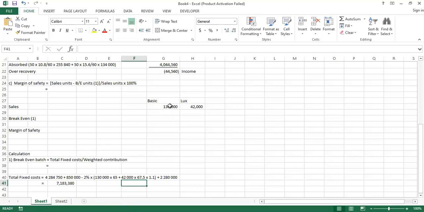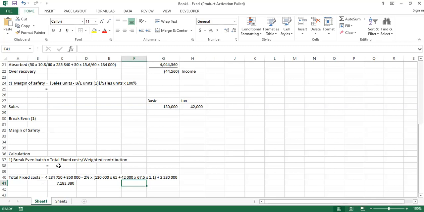So you must see if your 130,000 corresponds with those cells there, and your 42,000 corresponds to those cells there. Otherwise, you are missing the principle if you're not doing that. And then, of course, the other principle there is making sure that 2% is deducted from that 850,000, which is your fixed cost there.